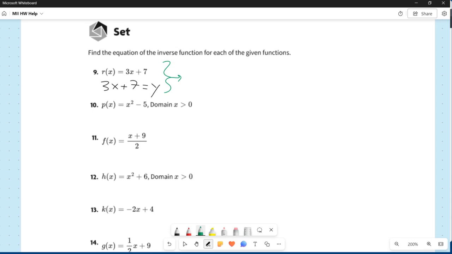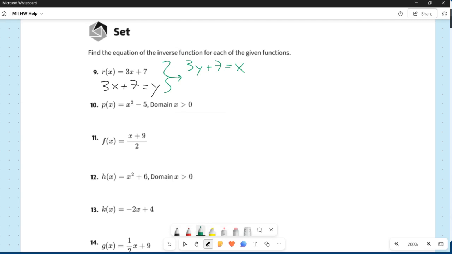So our new equation is 3y plus 7 equals x. And again, we didn't really do any algebra here. We didn't add, subtract, multiply, divide, but we just manually changed our equation and swapped the x and the y. And now what I want to do is solve for y.